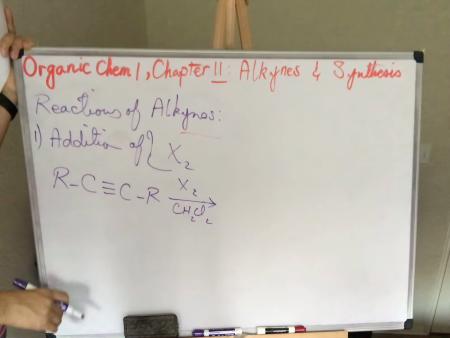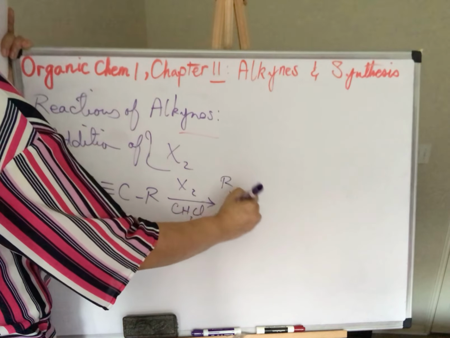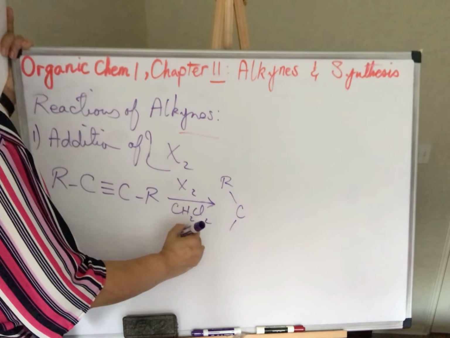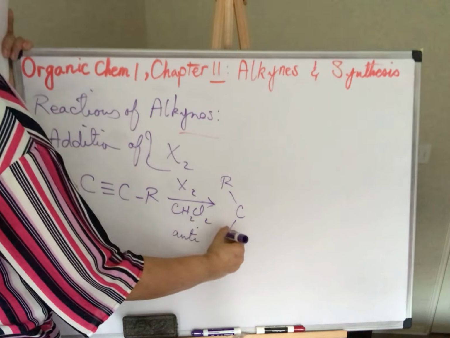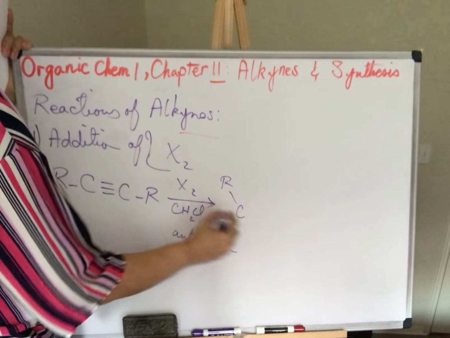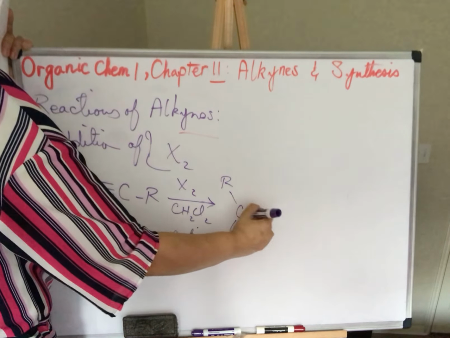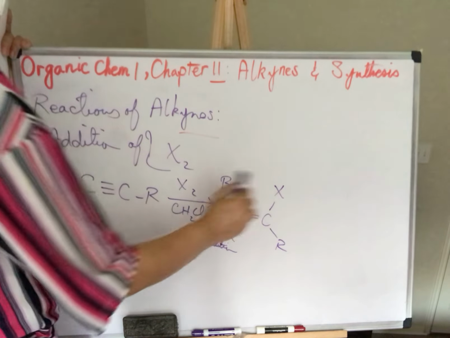Here, Markovnikov doesn't matter because you're adding 2 identical atoms. But you only need to keep in mind that the addition is anti-addition. So you will have X here. The other X on the other carbon must be on the opposite side.